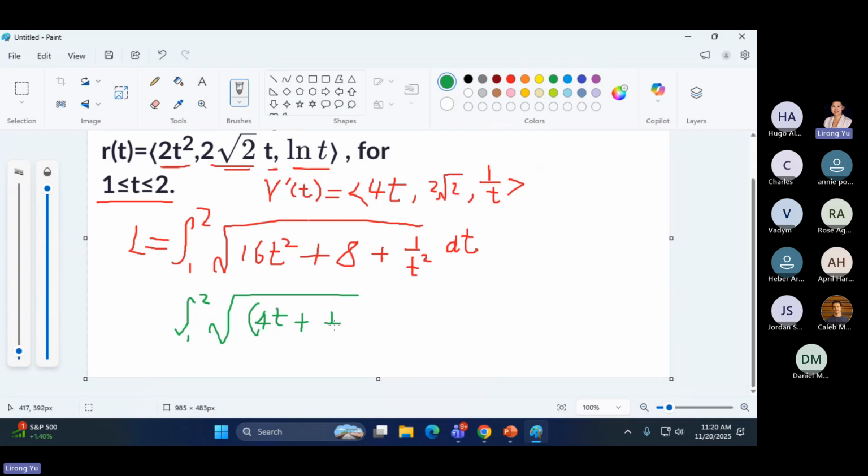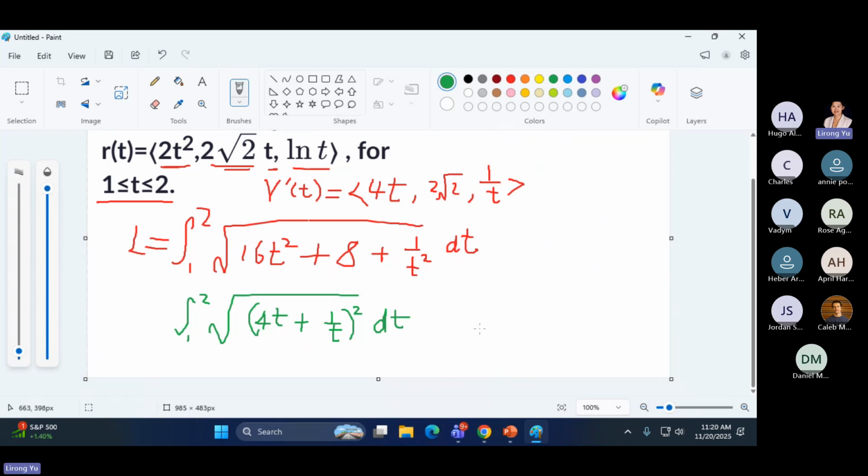So we have 4t plus 1 over t, and then square. You see that if you square this, you have 4t times 1 over t, which is 4, and 4 times 2 is 8. So this is exactly equal to that expression. So we have an equivalent representation.